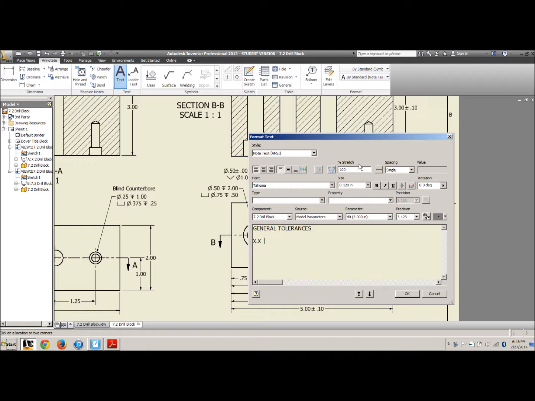To get that plus or minus, there's a symbol tool somewhere. Where's the symbol tool? Oh, here's the symbol tool.